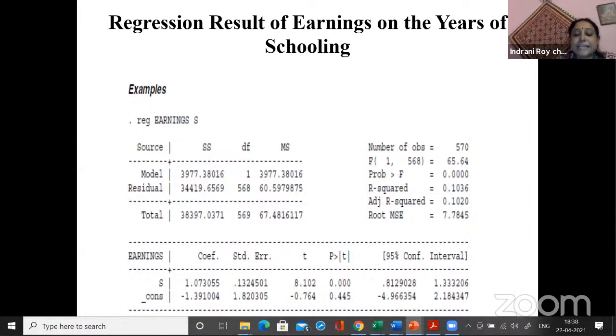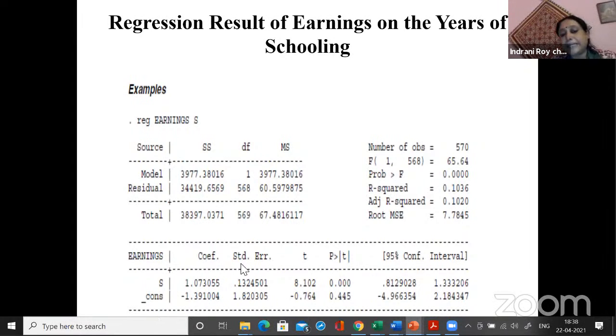And this S is basically your beta 1 hat, and that is saying that if you increase the years of schooling by 1 unit, your earning is supposed to increase by $1.07. So these are your regression coefficients with respect to X.